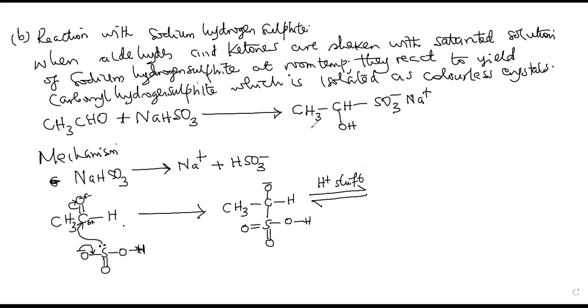So when we put hydrogen shift, it means that the hydrogen will shift to this. So here we shall have OH. So we shall have CH3, C, H, OH, now S, O, but hydrogen shifted, so this one is unstable.